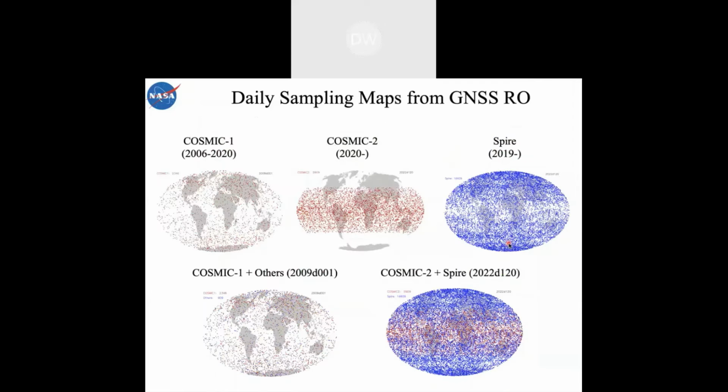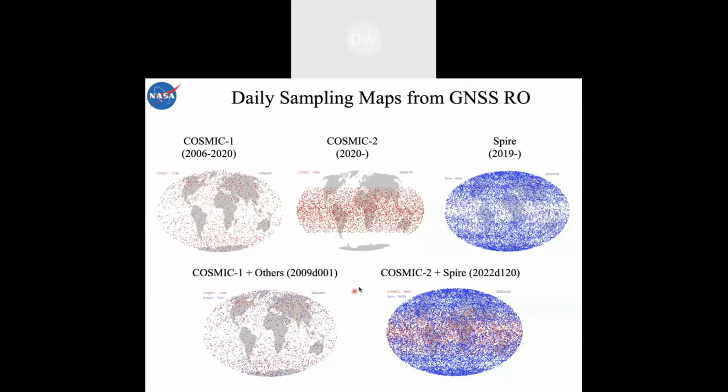This is the spatial distribution of the current GPS radio occultation. For COSMIC-1, just a single day of coverage, you can see this is back in roughly 2009, January 1st. You combine it with the other satellites, and this is the best you can get for global coverage.